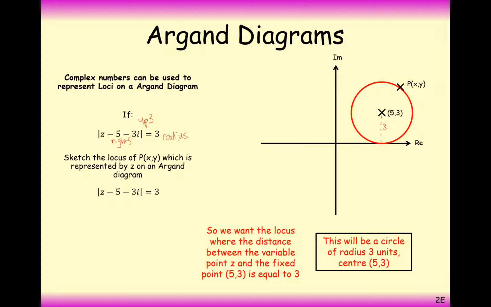Alright then, so we can think of any complex number that's on the circumference of this circle, once we've subtracted 5 and subtracted 3i, will then give us a radius of 3, or a modulus of 3.